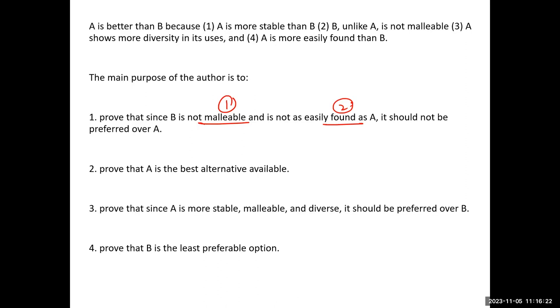So what you are doing over here is sticking to 2 specific things from the passage. You are showing me an incomplete picture. This is not the whole picture, because the whole picture talked about 4 different reasons. So how can you decide that these 2 are more important than the other 2?